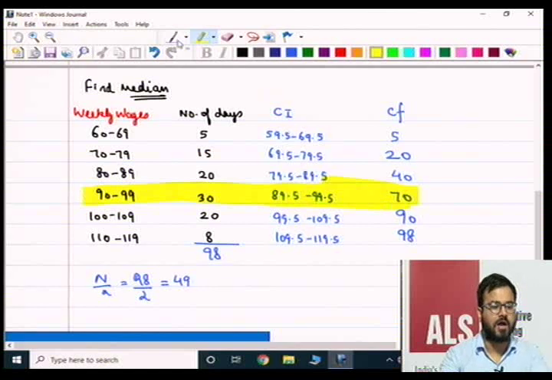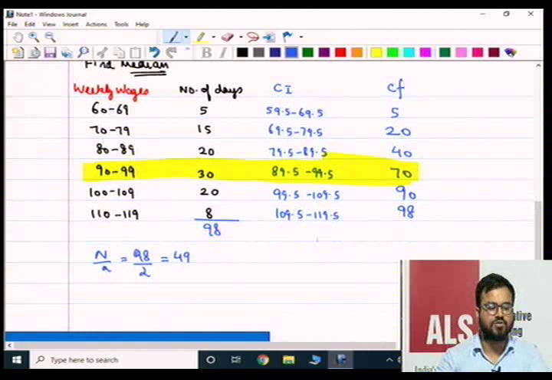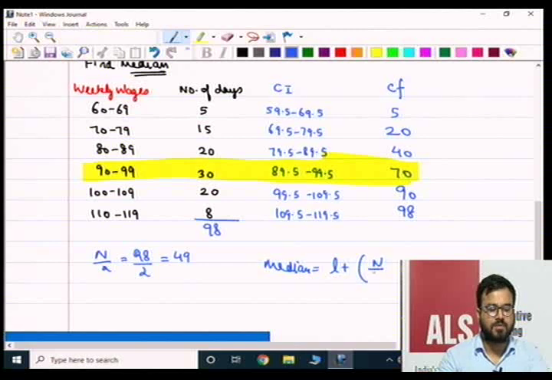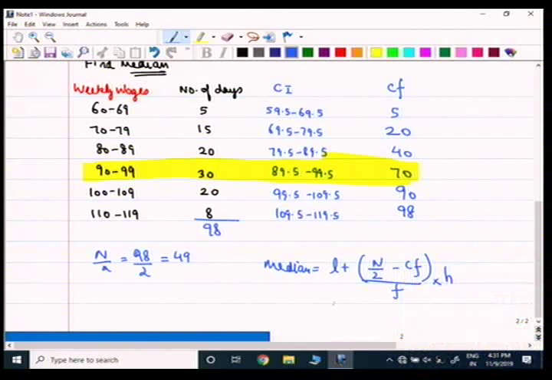Right? After this, we just have to apply the formula, that's it. So formula for median is L plus n by 2 minus CF upon F into H. Here L indicates the lower limit of the median class, which is 89.5.